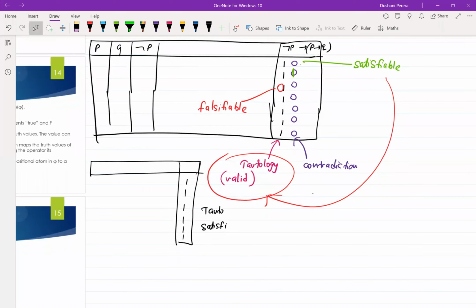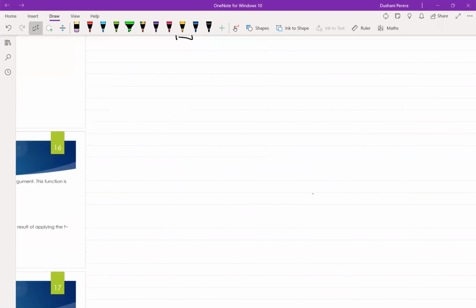Okay. Now, if we come to the example in the same activity, question number 2, part A. Can you try to derive which of the 4 categories it comes under?